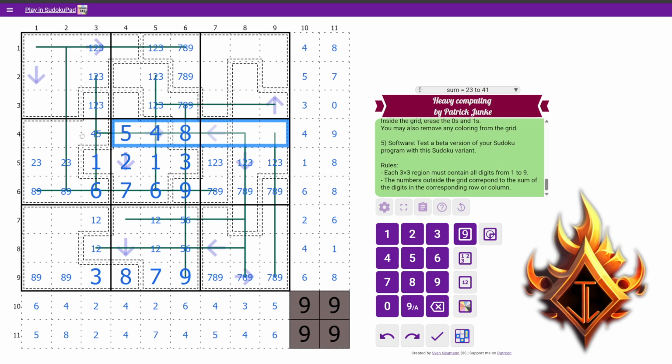But that's not right. 17 plus 15 is 32, plus 17. Yeah, that's not right.